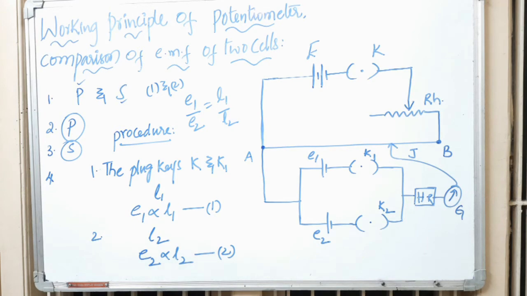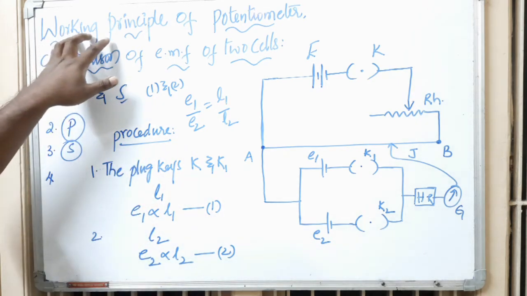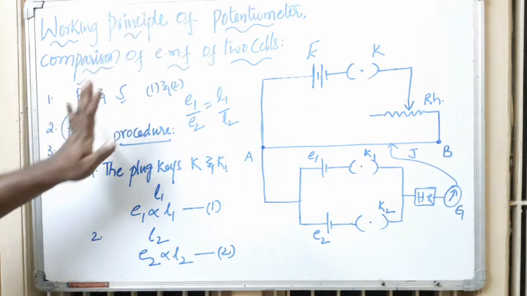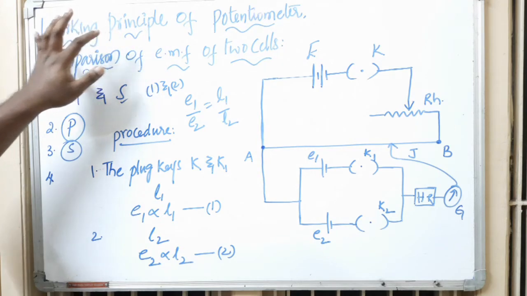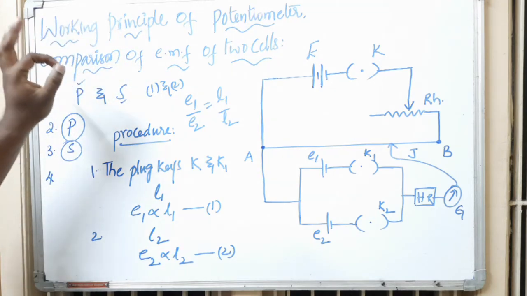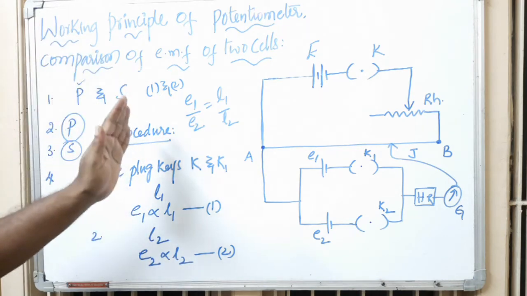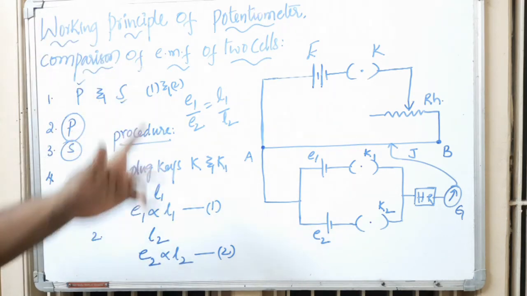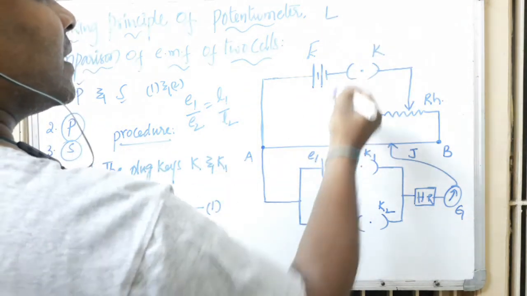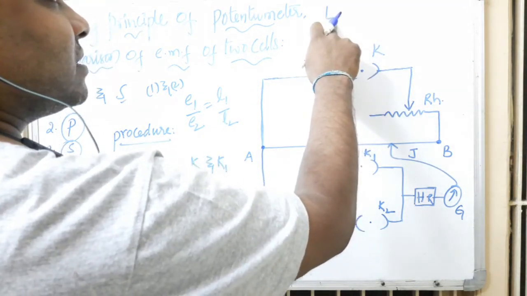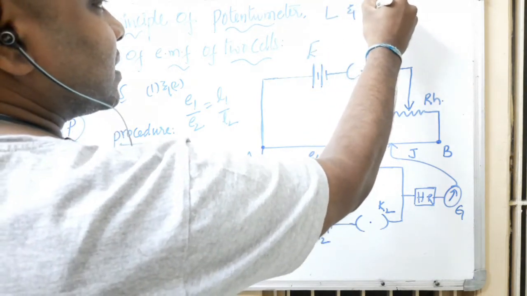Now let us revise once again. First I have written the working principle of potentiometer, and I told you in the first point that the potentiometer consists of 10 meters length of wire with uniform internal resistance. We are assuming the length of the wire is capital L and total resistance is Rp.